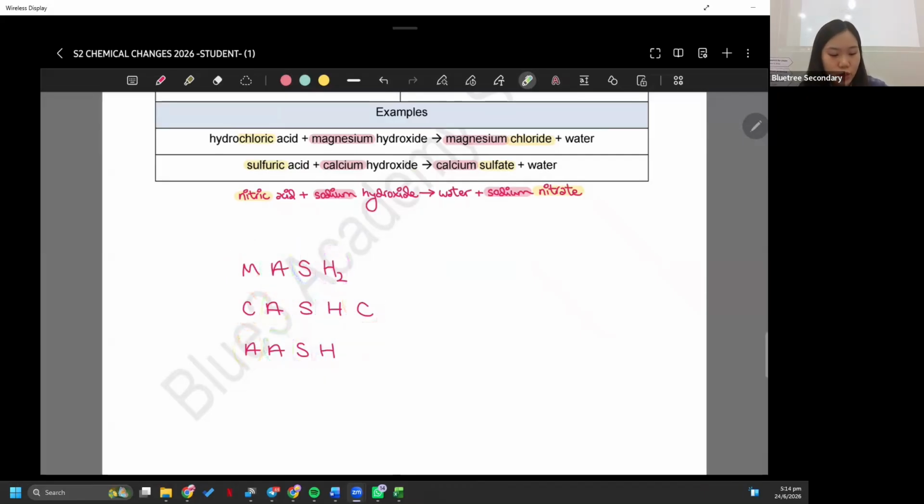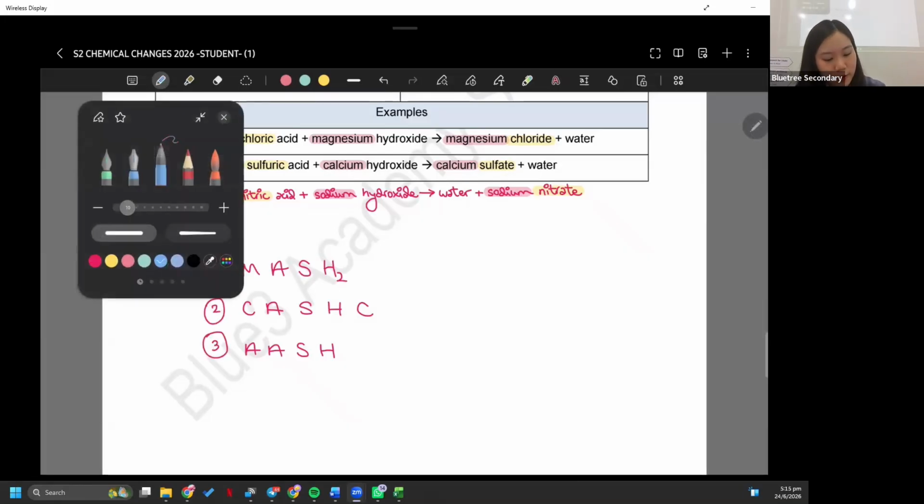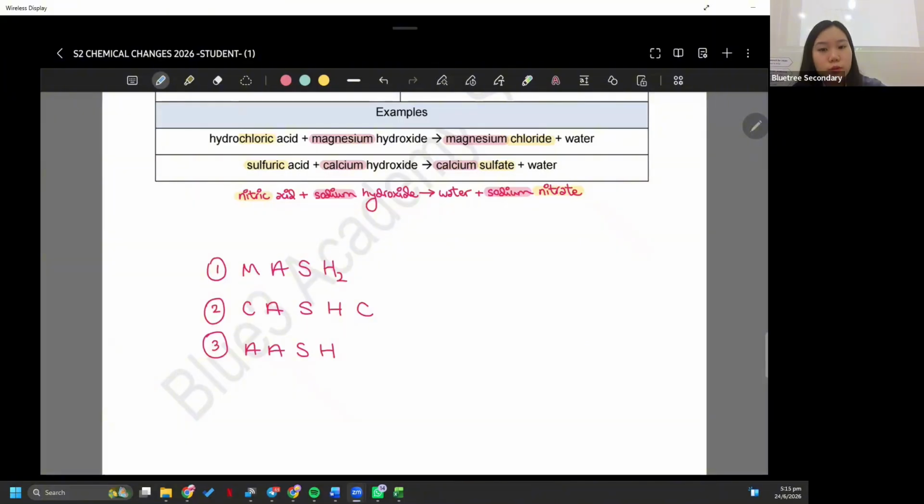Out of these three types of reactions, which one will not have effervescence? AaSH doesn't have effervescence. How do you know?